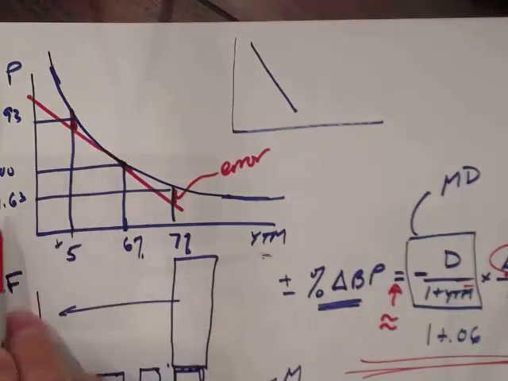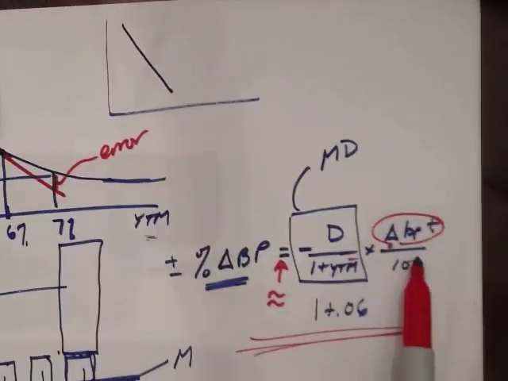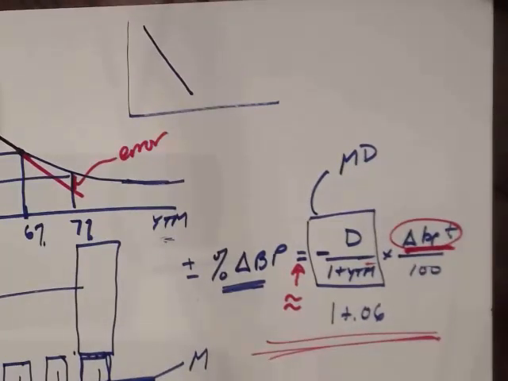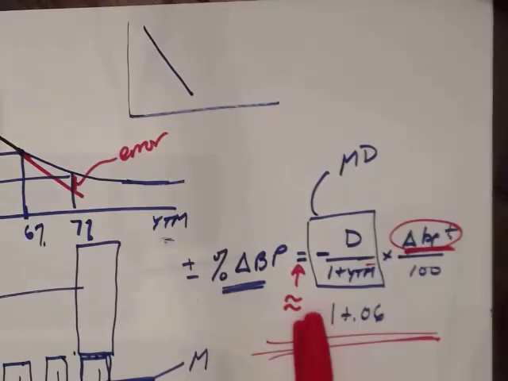So this technically works when interest rates change a little bit. 100 basis points will do it for convenience purposes, but it's kind of a big jump.